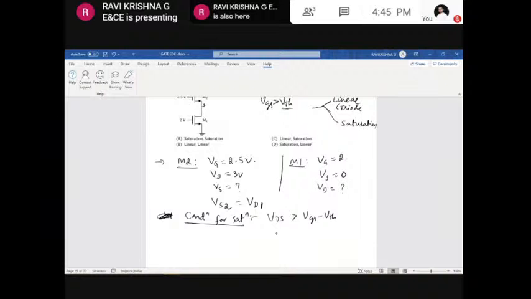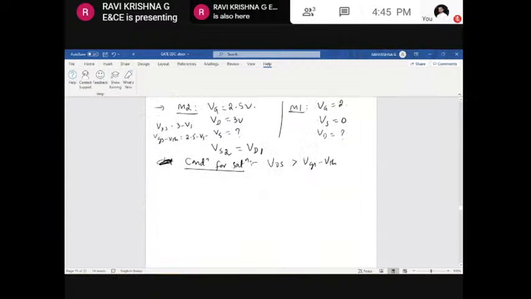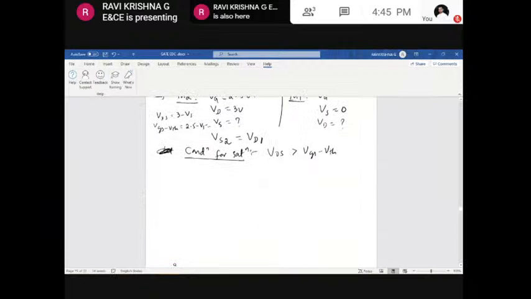Now let us consider the transistor M2. Here VDS is 3 minus Vs, and VGS minus VTH is VG, which is 2.5 volts, minus Vs minus the threshold voltage. What is the threshold voltage here? It is given as 1 volt.